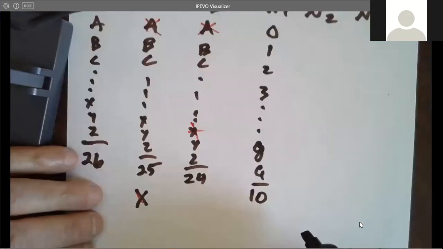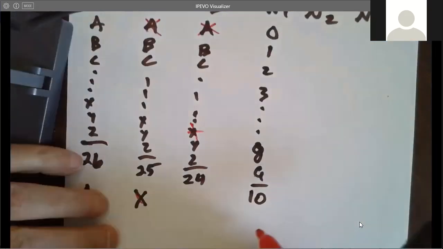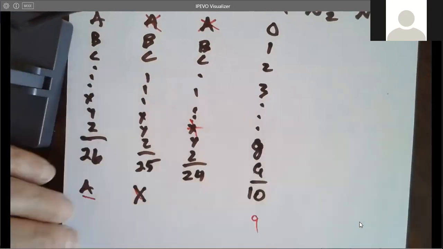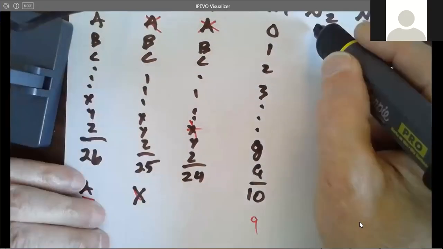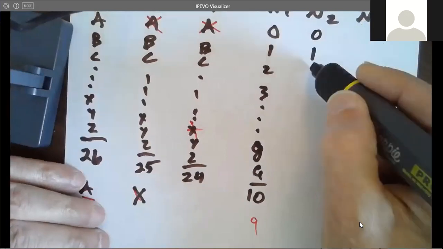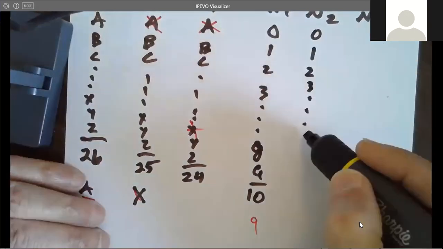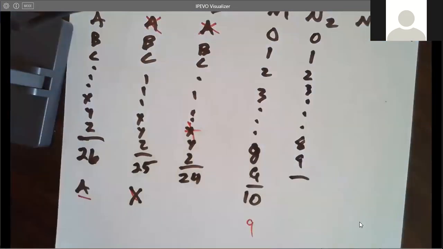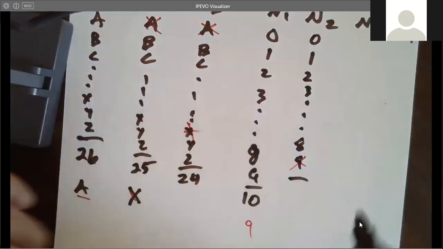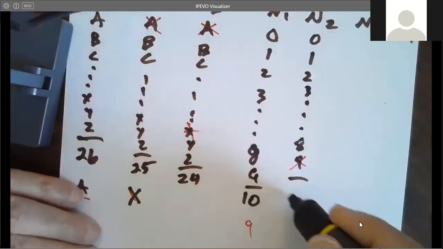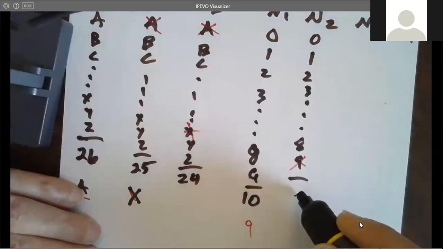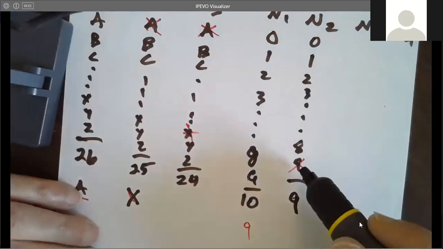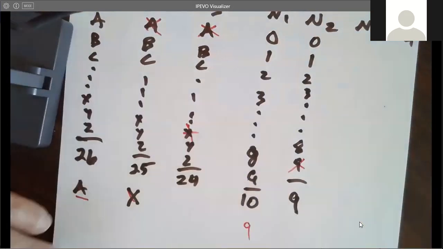And again, since we can't repeat, if we choose, let's say, 9 for the first number, well, 9 can't be used again, because we already chose 9. So instead of 10 digits, now there's only 9 digits, because 9 was already taken and we can't repeat the digits.